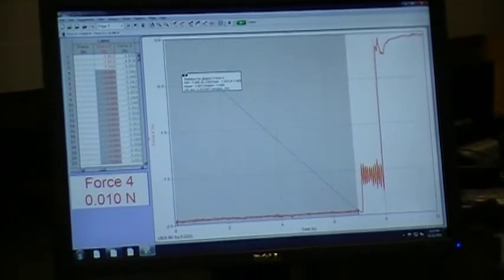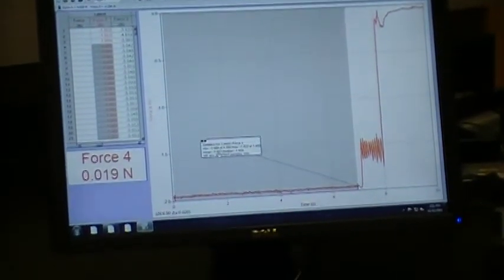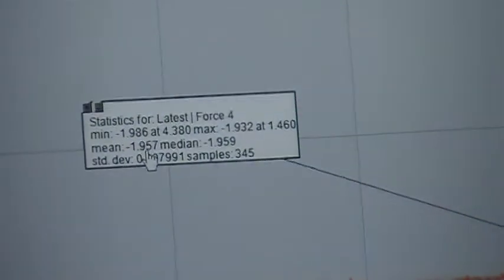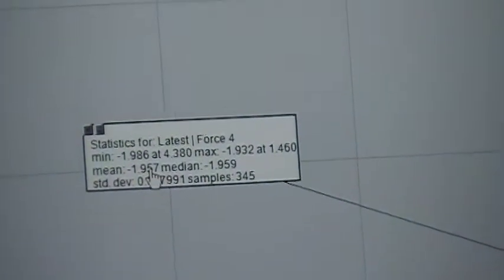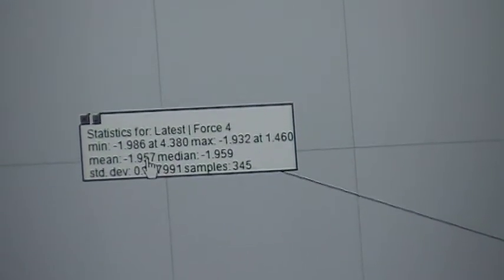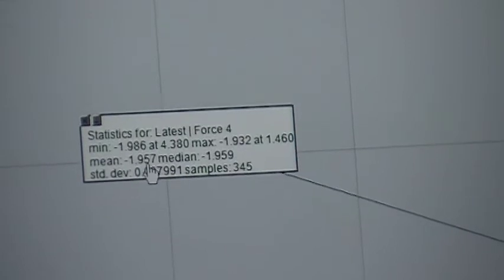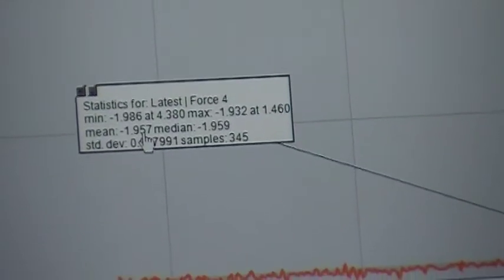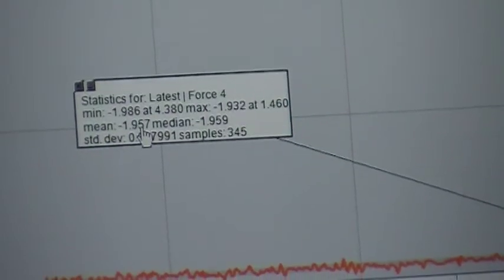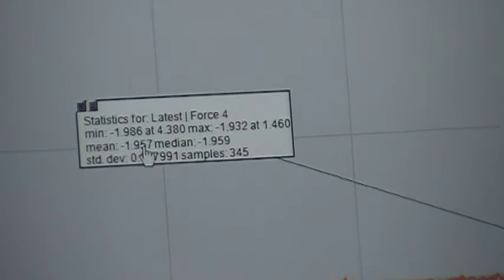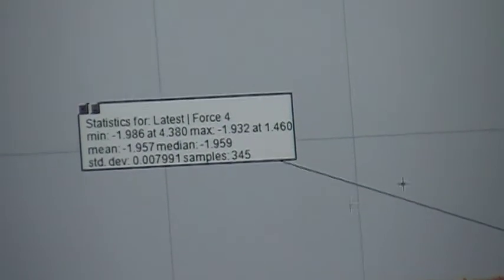So we have a mean force for this section of about negative 1.96 newtons, which should not be a surprise to you because we had a hanging mass of 0.2 kilograms, and if we multiply that by approximately 10 for the value of the acceleration due to gravity, then we get a force of about 2 newtons. So that tension should not be a surprise.